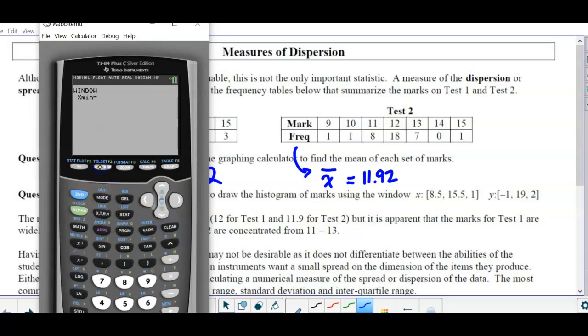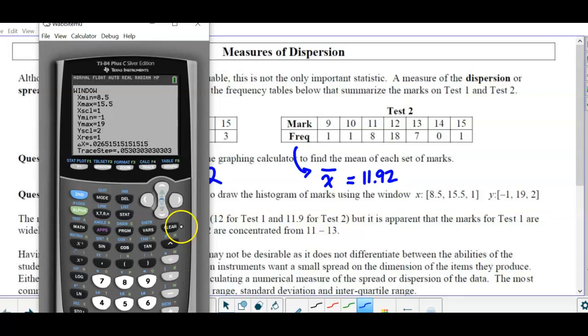So change your window to 8.5 to 15.5, so just a little bit below and above the data values that we entered. Then y-min -1 to 19. Again, the biggest is a frequency of 18, so a little bit above that. And we'll do scale of 2.